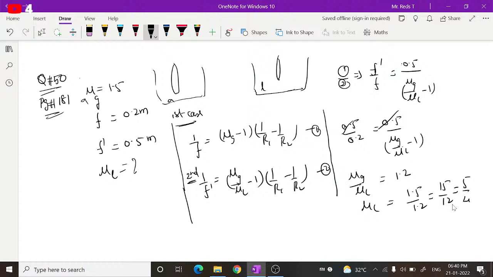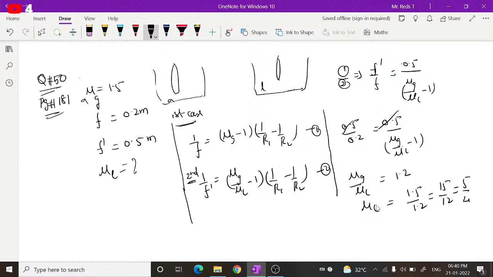But in the options, if you see the options, 15 by 8 is there. Can you say 15 by 8? We'll check the calculations. 15 by 8 is given in the option.